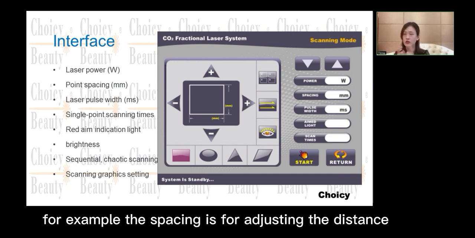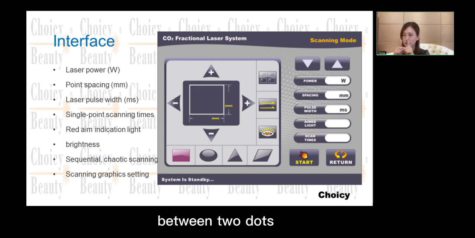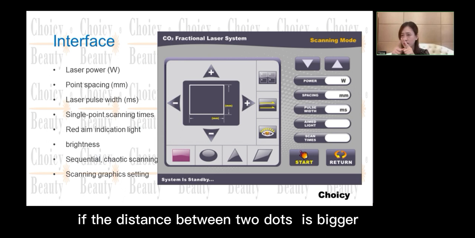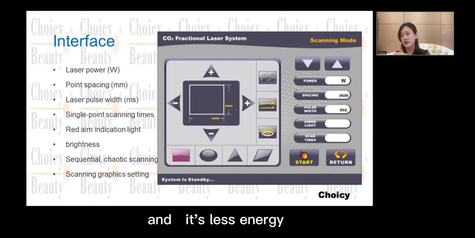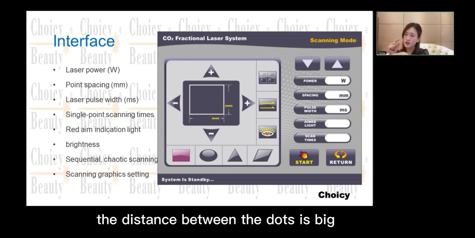The spacing adjusts the distance between 2 dots. If the distance between 2 dots is bigger, the treatment has less energy.